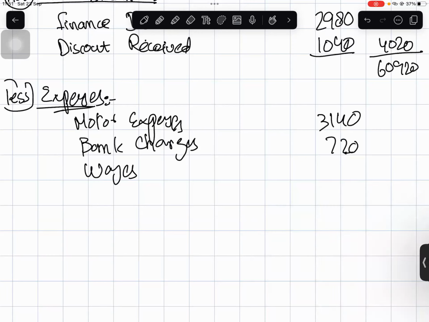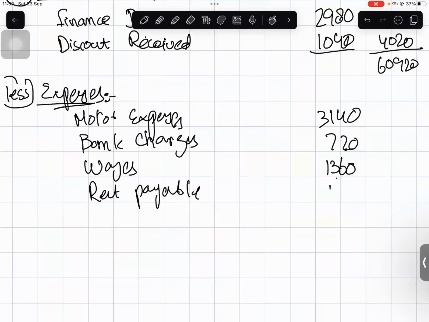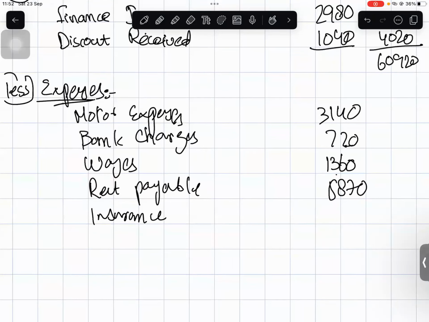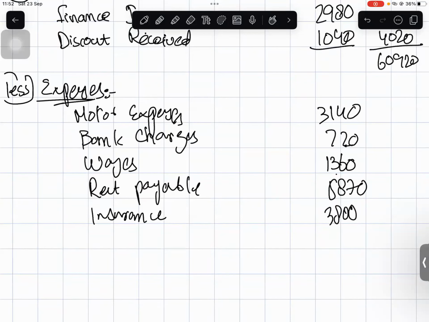Wages are 1360. Then rent payable. Rent payable is 5870. Then insurance 3800, and then postage 1010. Okay, can you please total these up then?